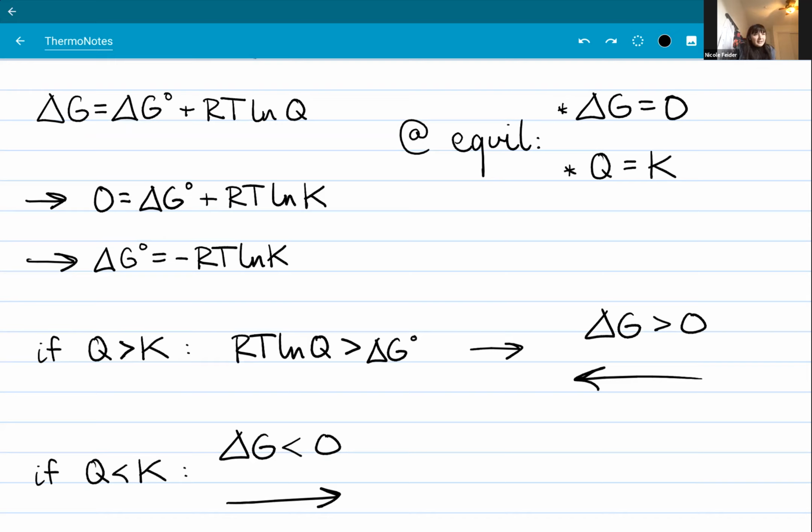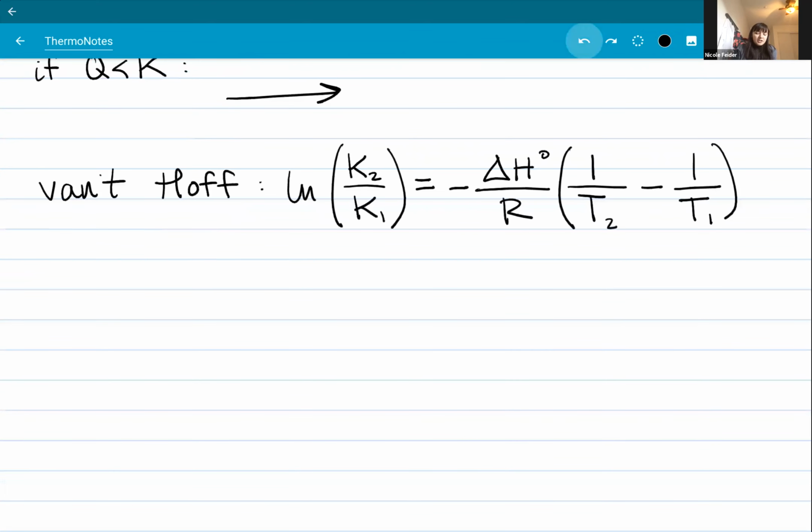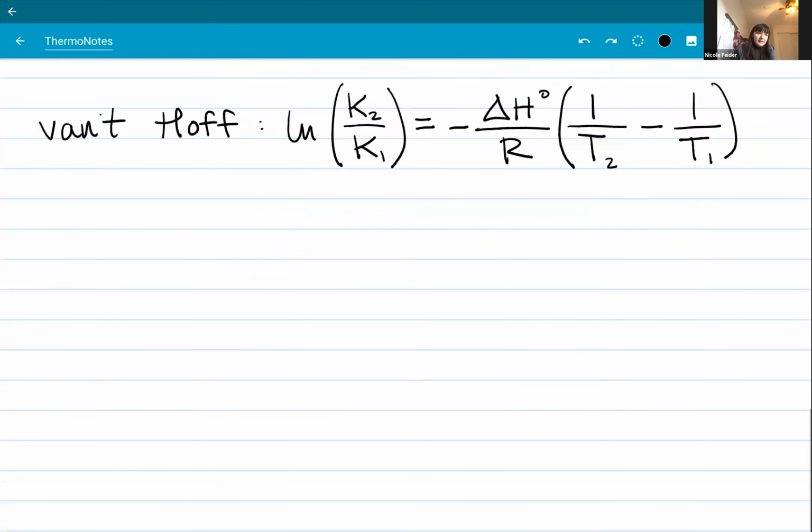A way to prove this and determine a new equilibrium constant at a different temperature is with the Van't Hoff equation, which I have drawn out here. Now here, K1 and K2 are equilibrium constants at temperatures T1 and T2 respectively. Delta H naught is the standard enthalpy change, and R is the gas constant. This equation is derived from the relationship of Gibbs free energy and enthalpy and entropy.